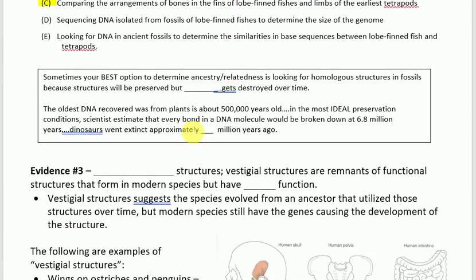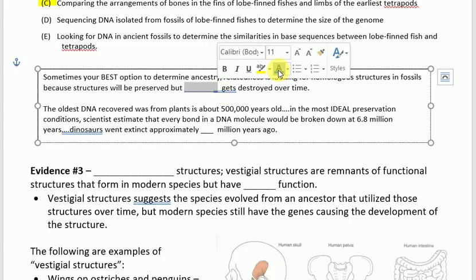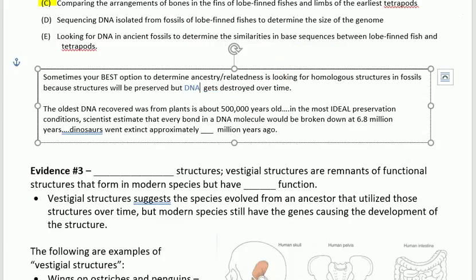So sometimes your best option is to determine the ancestry of the relatedness by looking at the structures in fossils because they will be preserved. However, DNA gets destroyed over time. So DNA is usually never a good answer. The oldest DNA recovered was from plants, and it's about 500,000 years old.